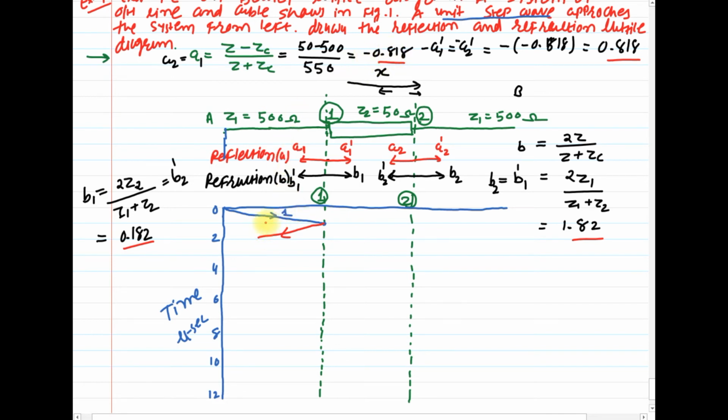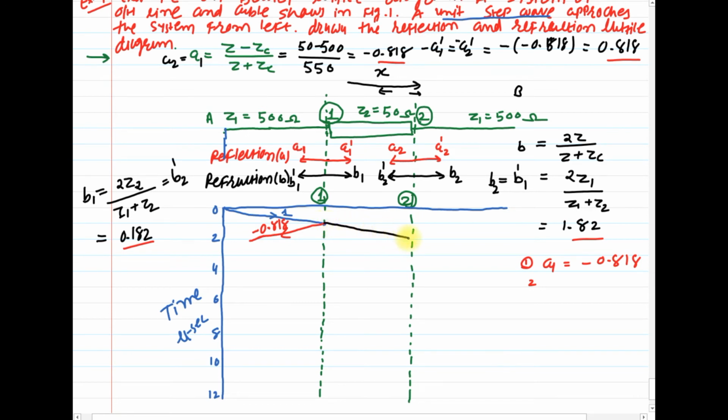So the first answer is minus 0.818, or if you wish you can write over here the first answer is a1 which is equal to minus 0.818. Next, the second possibility is that it will get refracted.